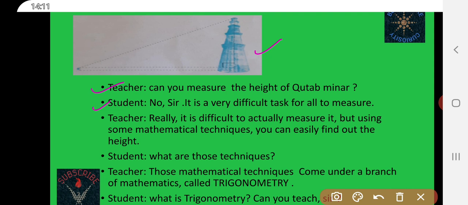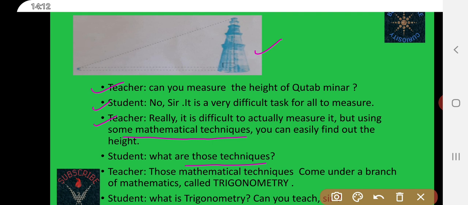So the teacher says, really it is difficult to actually measure it, but using some mathematical technique you can easily find out the height. Then out of curiosity the student asks, what are those techniques?